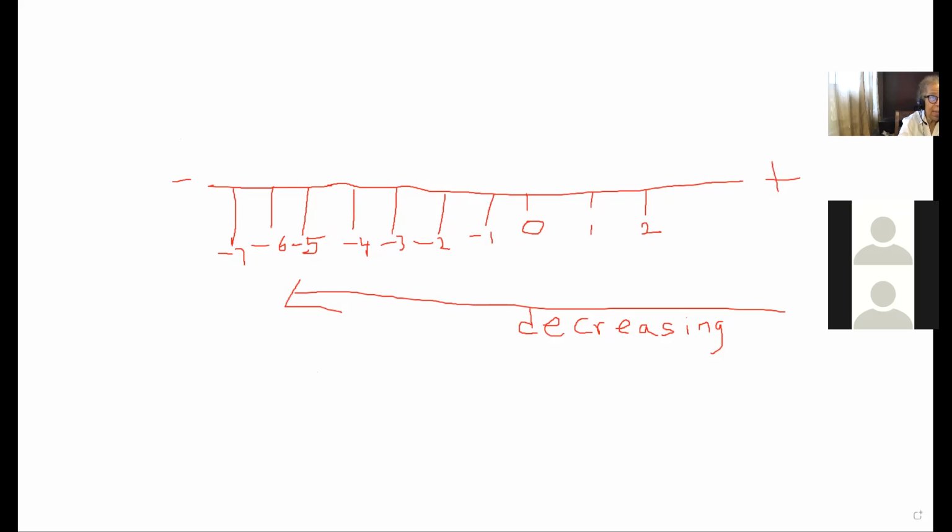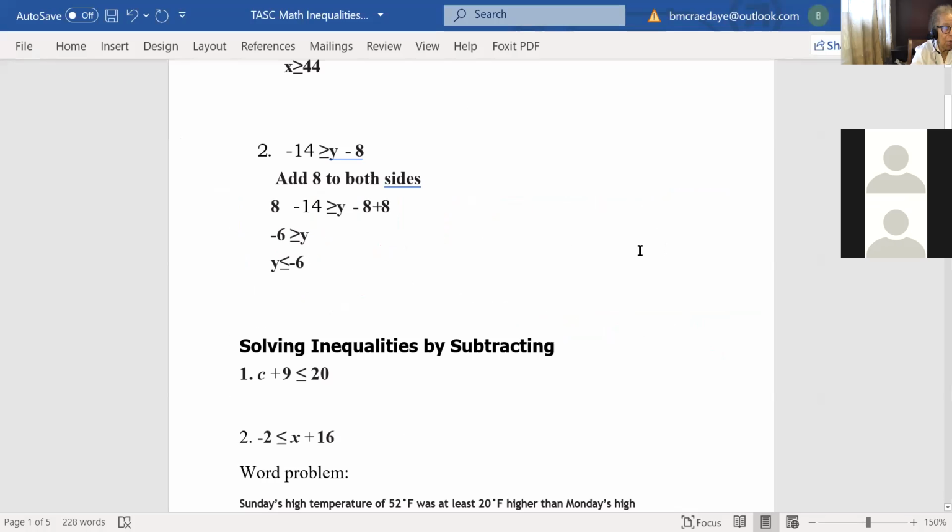Let's go back to our sheet. As I said, y less than -6, and I said a number less than -6, and Vanessa said -7. That's right. Any number with absolute value greater than 6 is going to be less than -6.